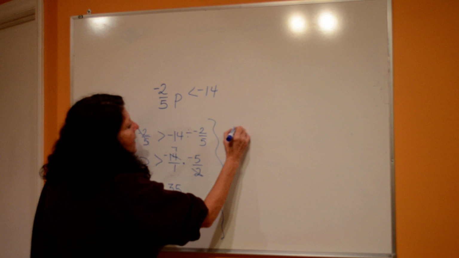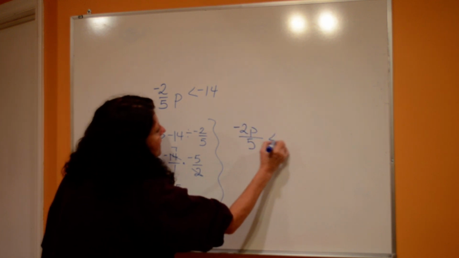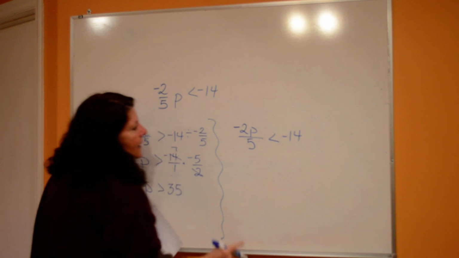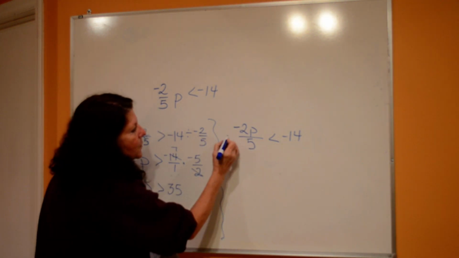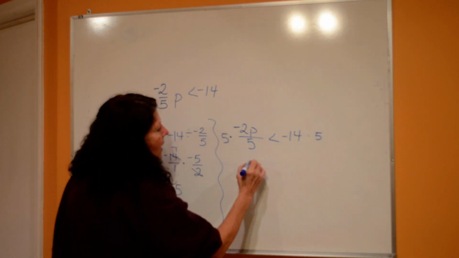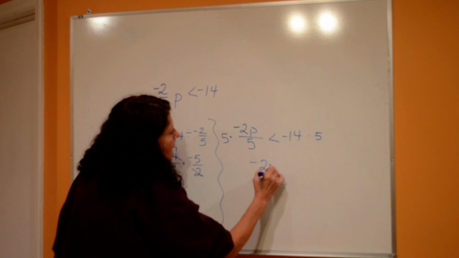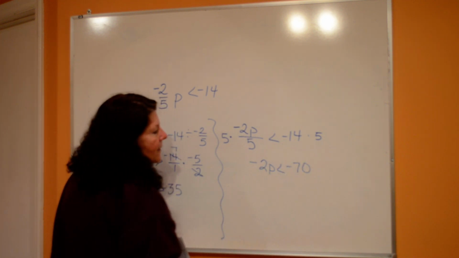You can look at this as -2p over 5 is less than or equal to -14. First thing I want to do is get rid of the 5 because it's the farthest away from the p. So I'm going to multiply both sides by the 5. I'm left with -2p is less than or equal to -70.